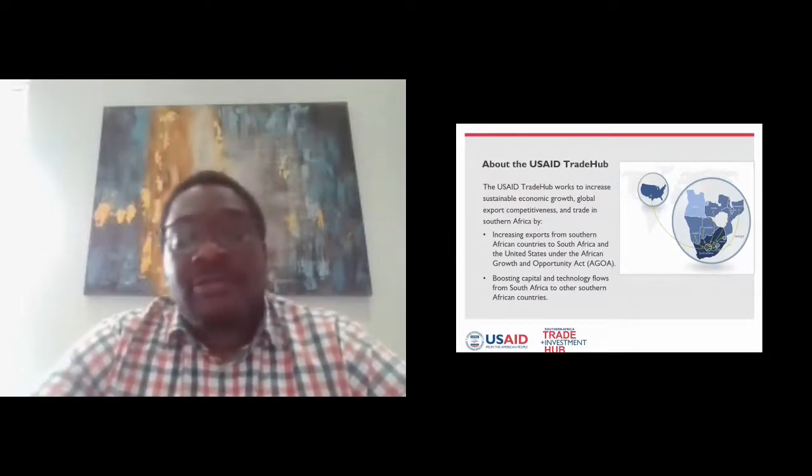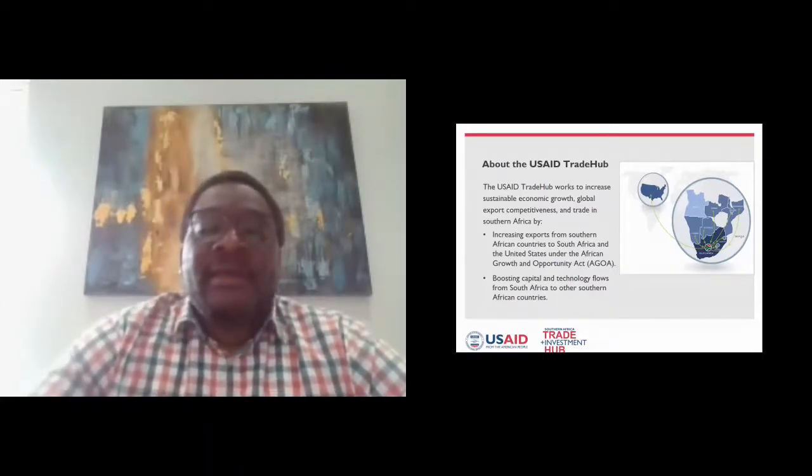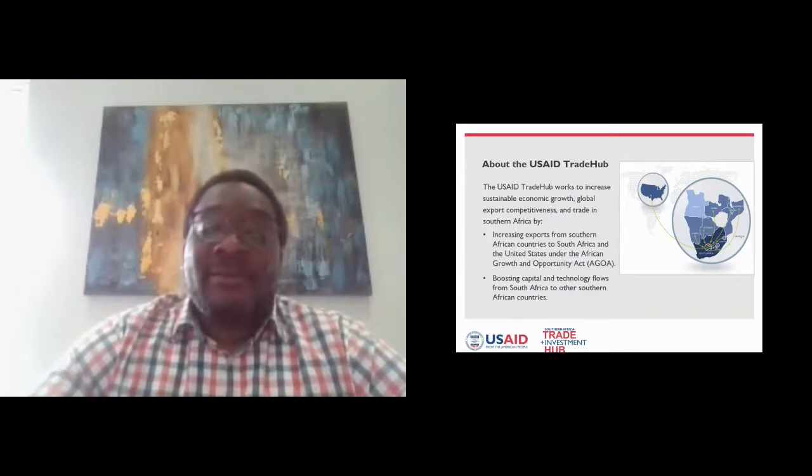Later on during the program, we'll show you who is best placed where, so that you can know the people in your country that represent the USAID Trade Hub. In case you want to reach out to them, we will also provide their contact details.